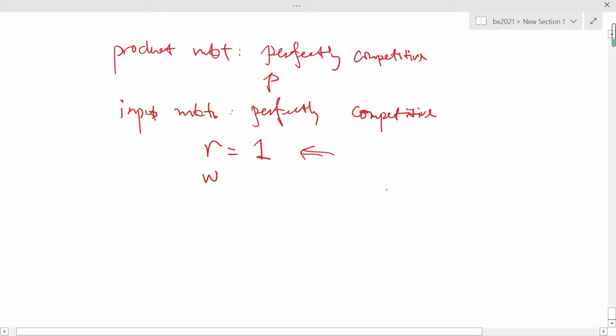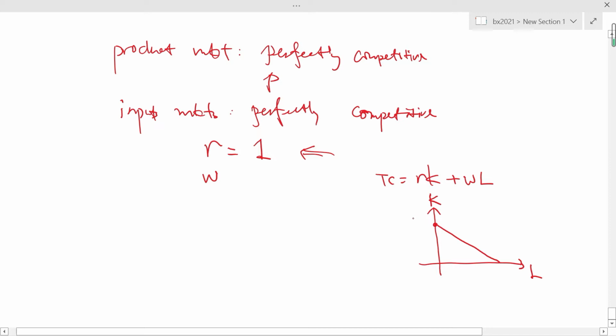For example, we have the isocost function, which is RK plus WL, and the associated graph looks like this. A straight line, where I'm putting capital on the vertical axis and labor on the horizontal.